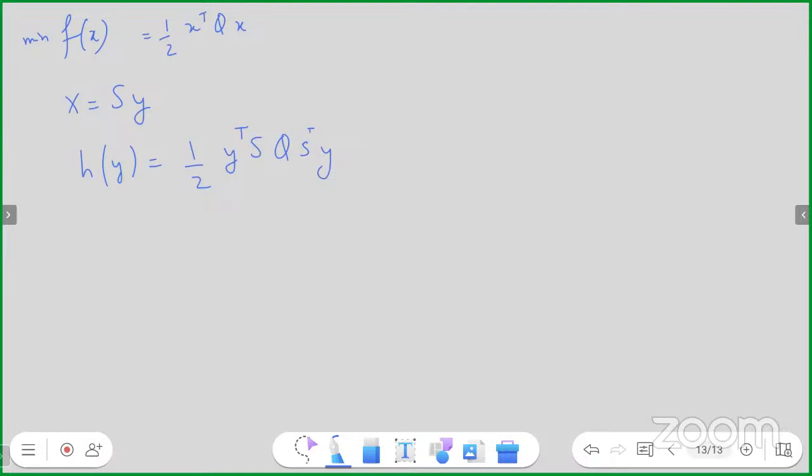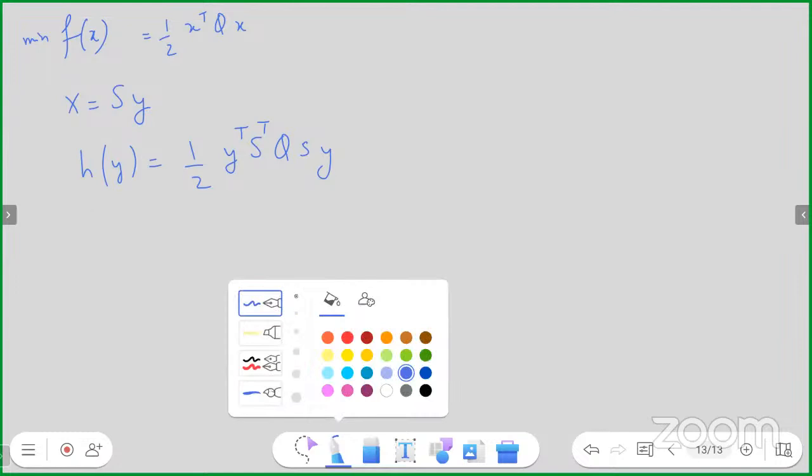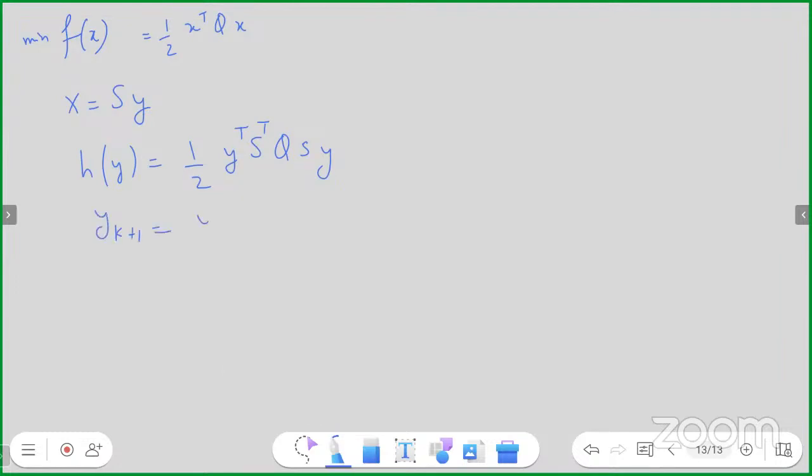So this should be S transpose. So what will be my steepest descent step here? y_{k+1} in terms of y is y_k minus alpha_k times del of h of y_k, right? I'm just going to multiply S to all of this.